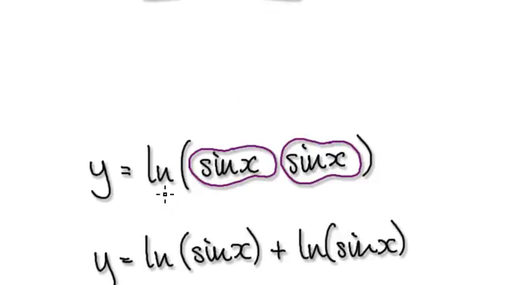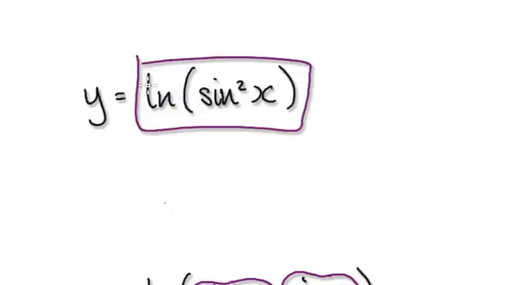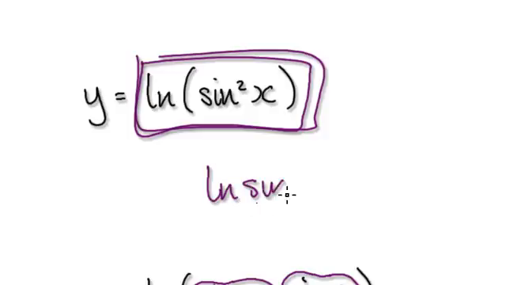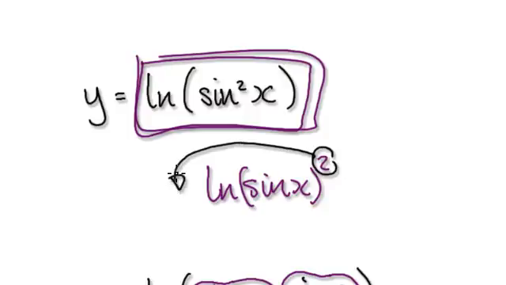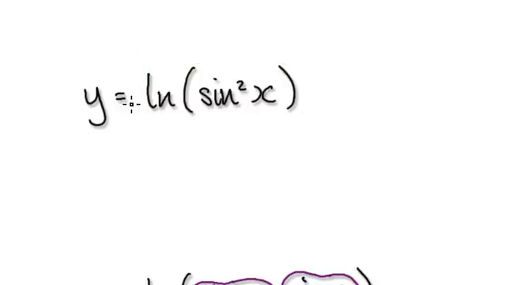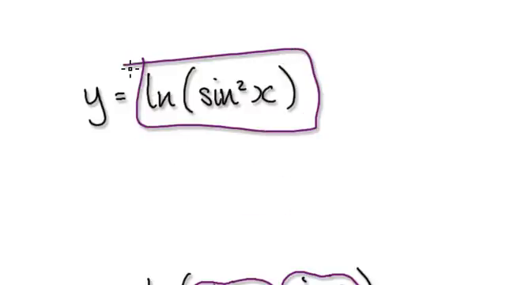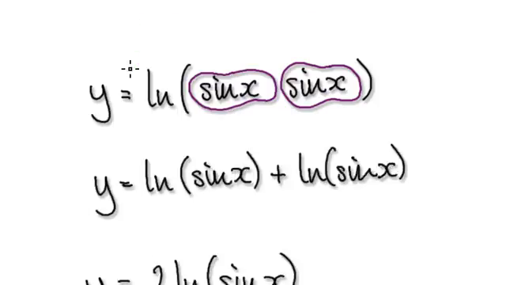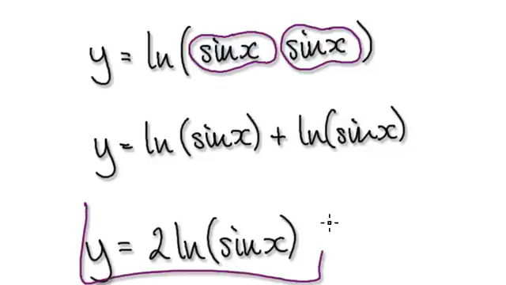Or an alternative way of doing this is to visualize this as a natural log of sine of x squared. So now you can move this 2 out here. So it's the same thing. So anyway, this thing here is exactly the same as this thing here.